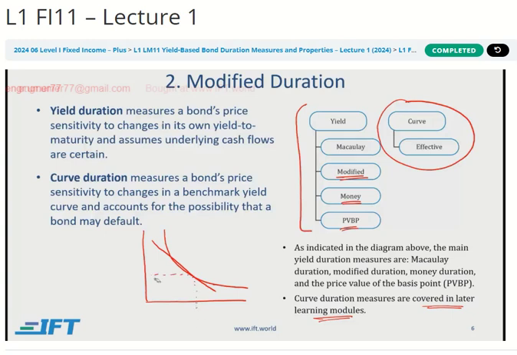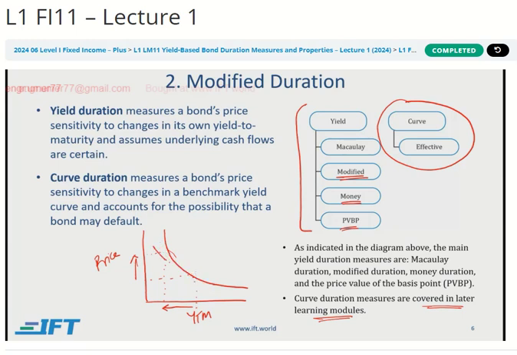The slope which is going to measure the change in the bond's price, let's say your yield is going from here to here. So the bond price is going to go up clearly from here to here, right? If the yield is going to go down, the price is going to go up. But what they will measure is across this straight line. Even though the reality is that it's a curve, right?